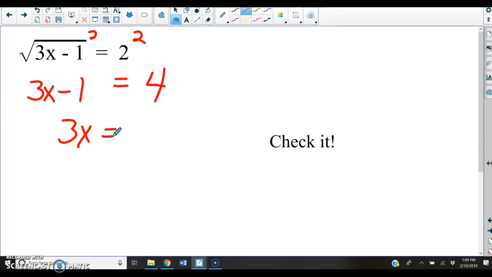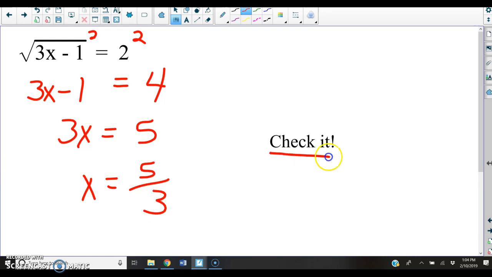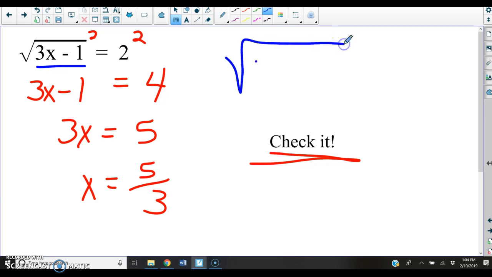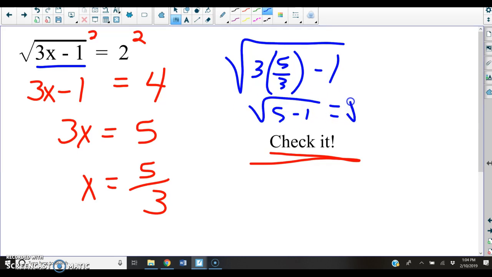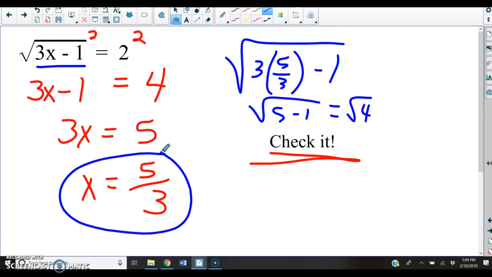Go ahead and add 1 to both sides and divide by 3. And notice my note to myself here, check it. If I put 5/3 in for x, I will get the square root of 5 minus 1, square root of 4. Yep, that's 2. It checks. There's my answer. It worked.